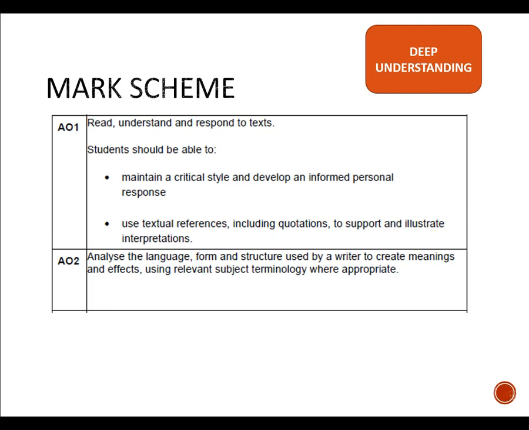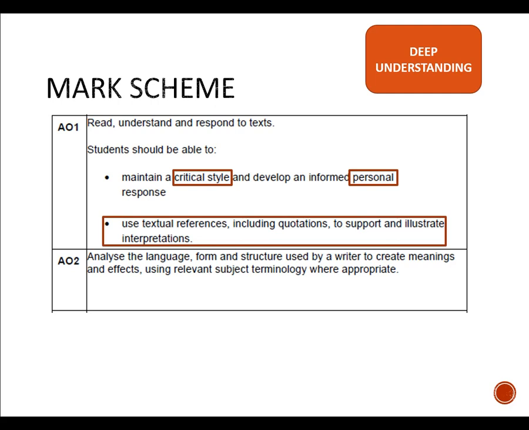It also wants you to analyse the poem, which is what critical style means. And you should make sure that you express your opinions and interpretations and support them with evidence, which is what the personal response and second bullet point refers to. For AO2, you should be using the language, form and structure, as well as writer's methods to support your analysis. Again, the first video shows you examples of this.